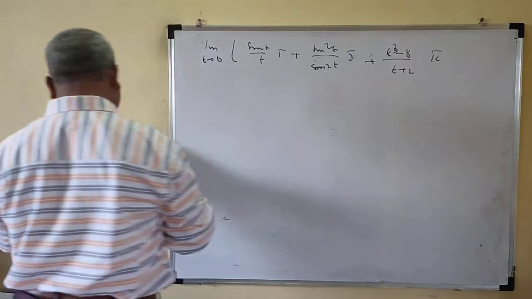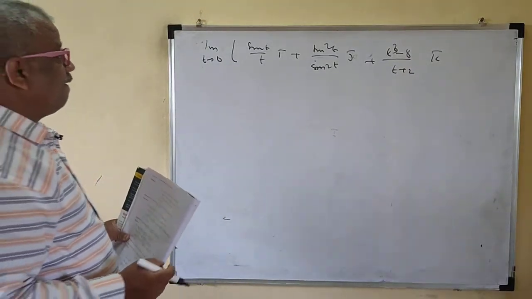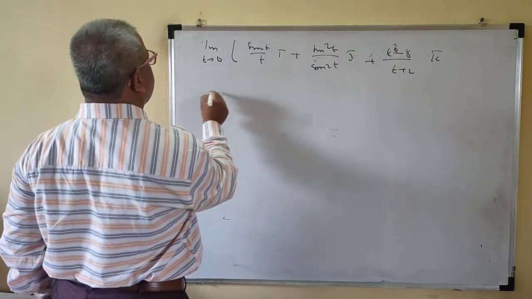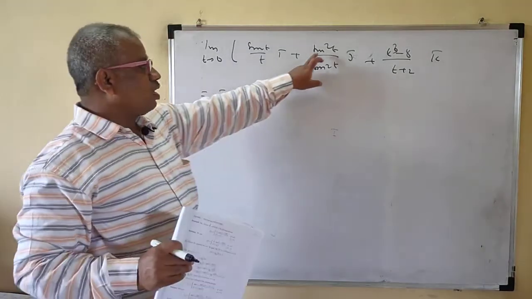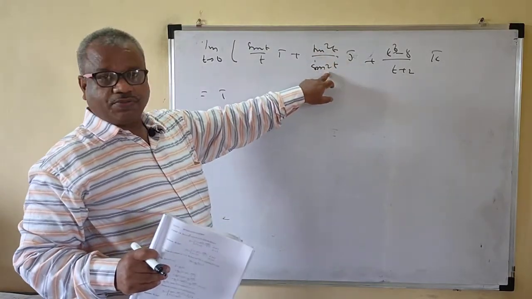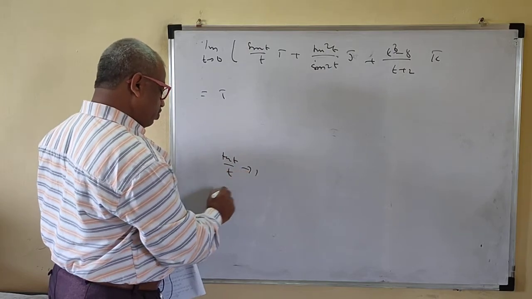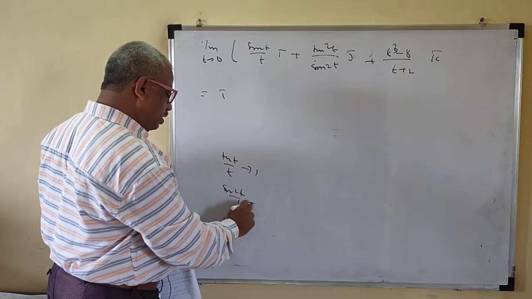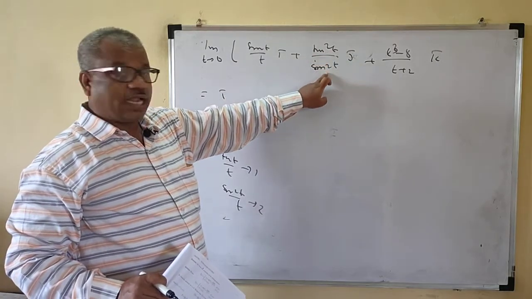See, sin t upon t is 1, so this is I bar. Now tan t upon t is 1, sin 2t upon t, this limit is 2.